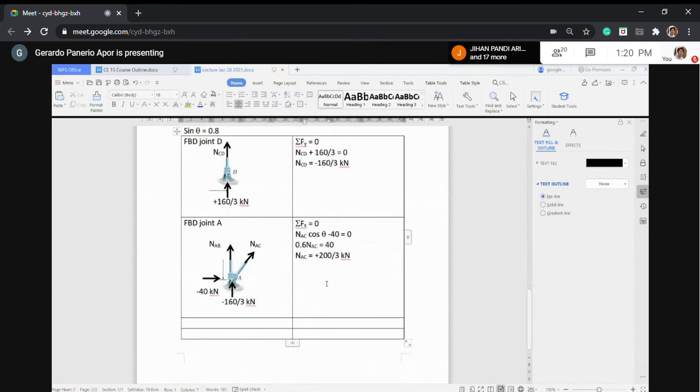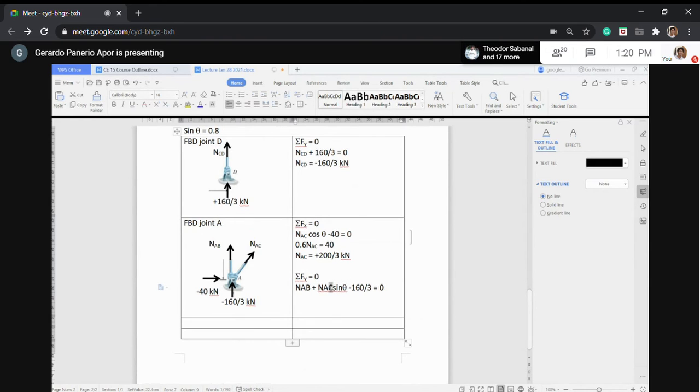Next, if we sum up forces y, sum up forces y equals to 0. We will have N_AB plus N_AC sine of theta minus 160 divided by 3 is equal to 0.